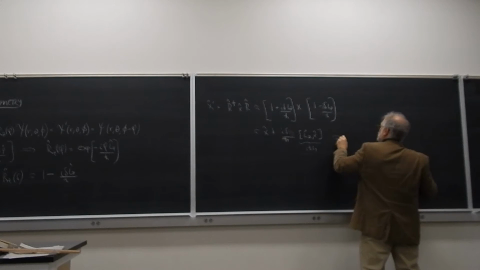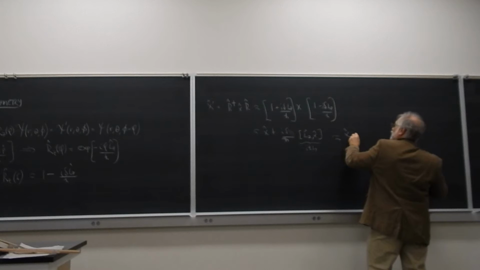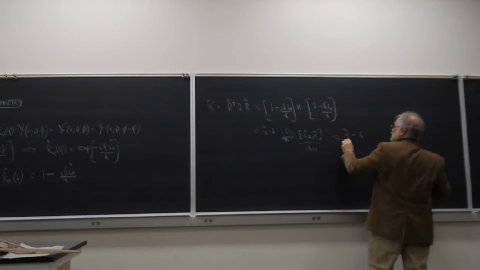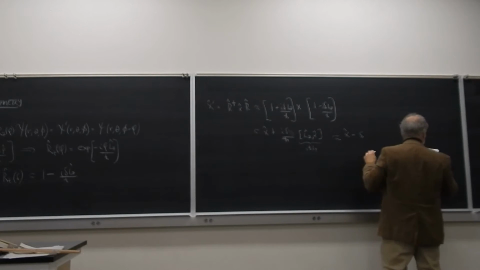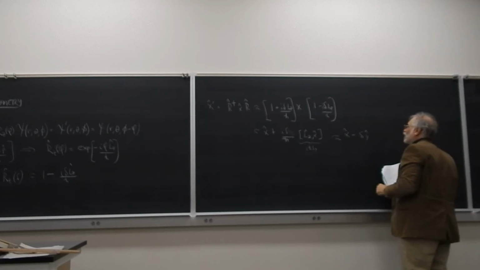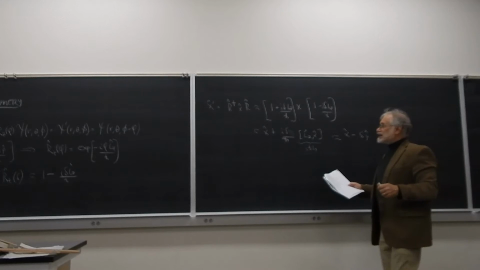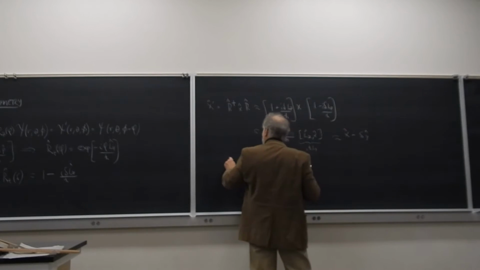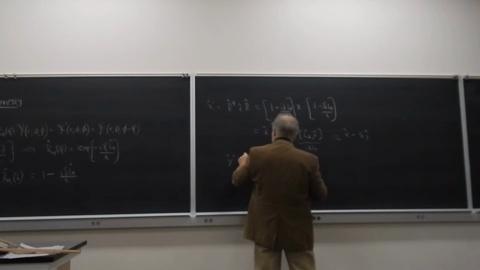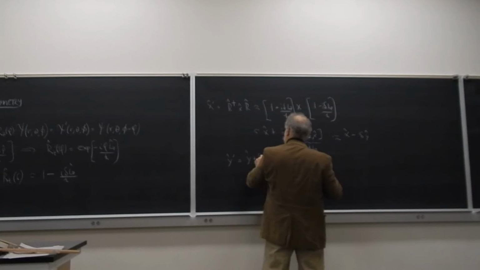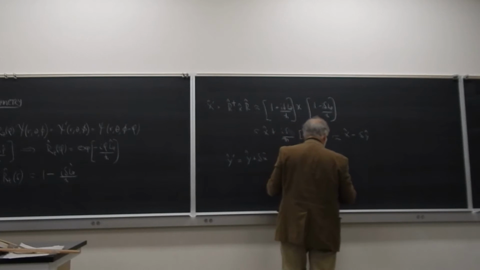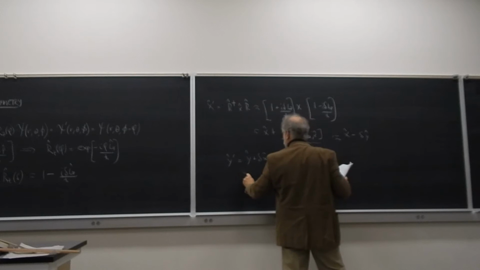So this becomes x minus delta y hat. Similarly, you could do the same thing for y. Y hat becomes y plus delta x. And then, of course, since we're rotating about the z-axis, z and z prime will be the same.